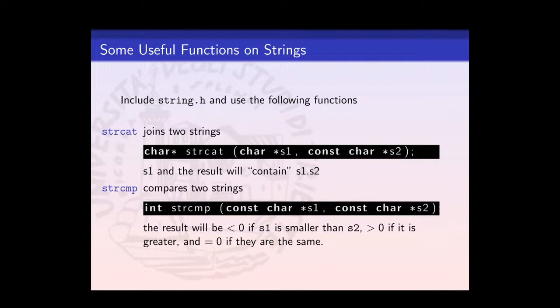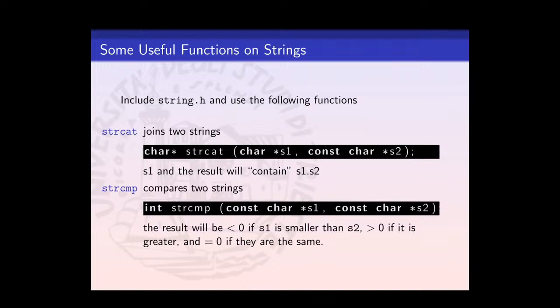Greater than 0 if S1 is greater than S2 in the lexicographical order, and equal to 0 if they are exactly the same string, again up to the string terminator.